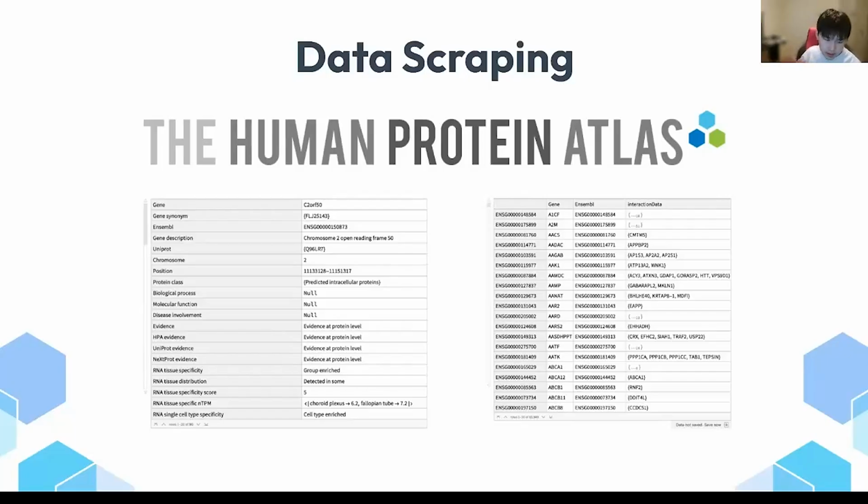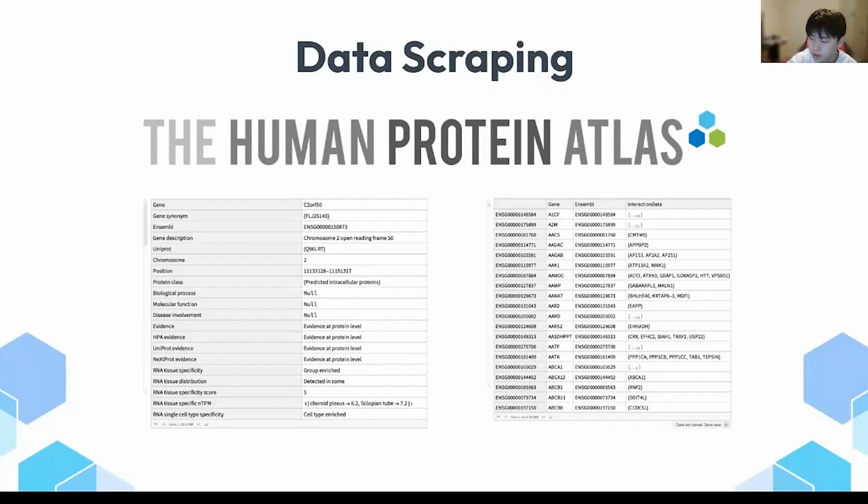All of our keys in our data were in the form of these Ensembl IDs. They serve as unique identifiers, as one gene may have multiple names, but will only have one Ensembl ID. Because this system is standardized and used by both the Human Protein Atlas as well as other data that we use, it allows for reliable cross-referencing throughout our work, making it easier for us to interpret and analyze the data.